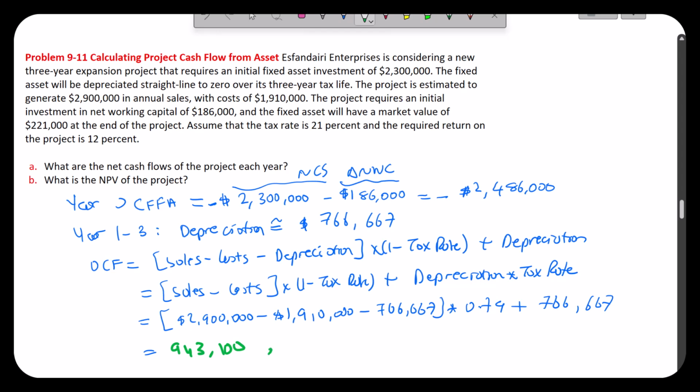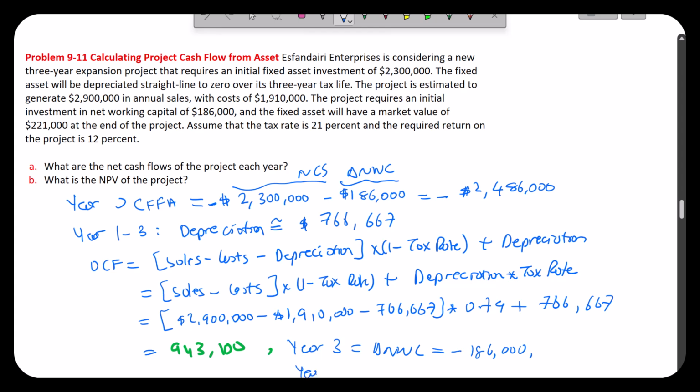Now for the year 3, change in net working capital, we're going to return initial net working capital, so that's going to be negative 186,000.